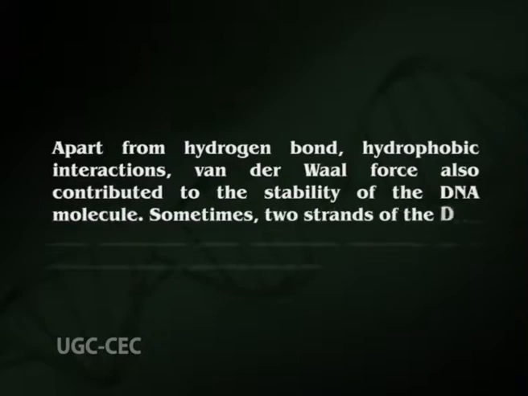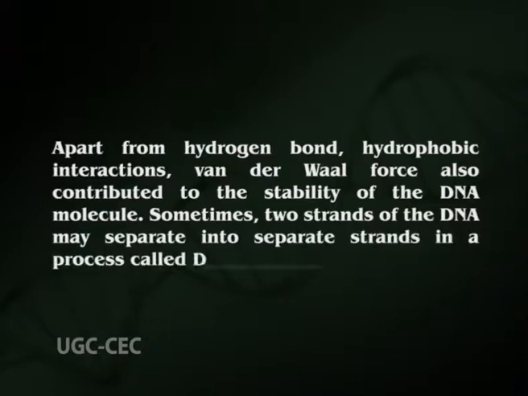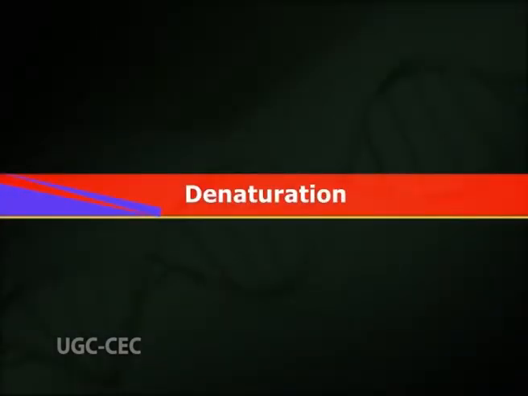Sometimes, the two strands of DNA may separate into single strands in a process called denaturation. Denaturation. In simple terms, denaturation is a process where nucleic acids or proteins lose their quaternary, tertiary, and secondary structure by application of some external stress or compound.